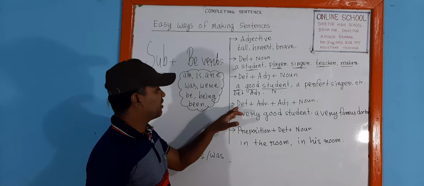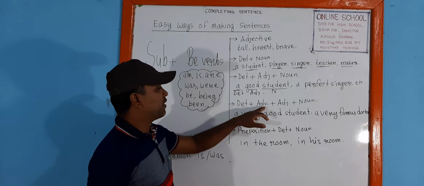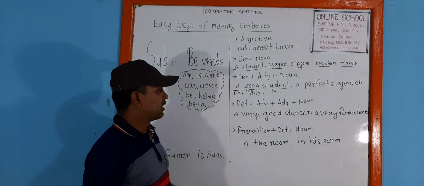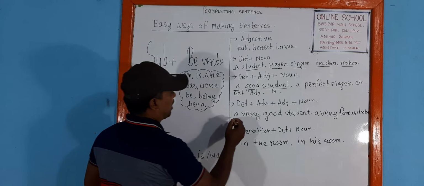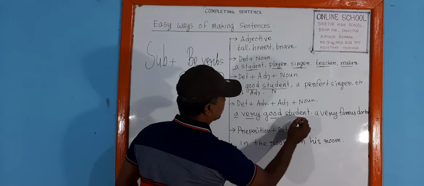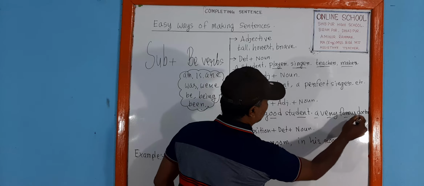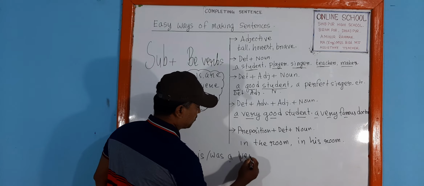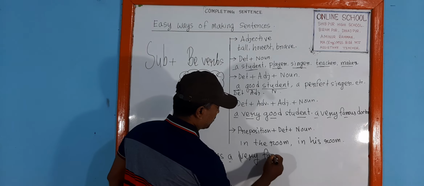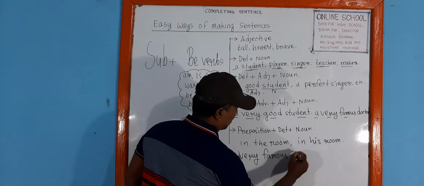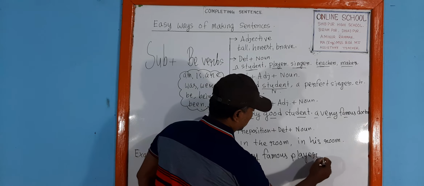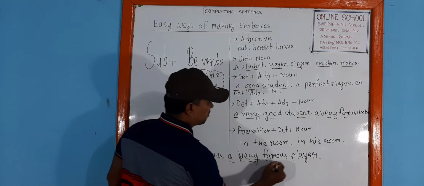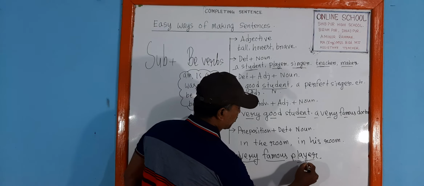Next structure: determiner plus adverb plus adjective plus noun. Using this structure, we can use sentences like this: a very good student, a very famous doctor, a very famous player. So a determiner, very, adverb, famous, adjective, and player, noun.